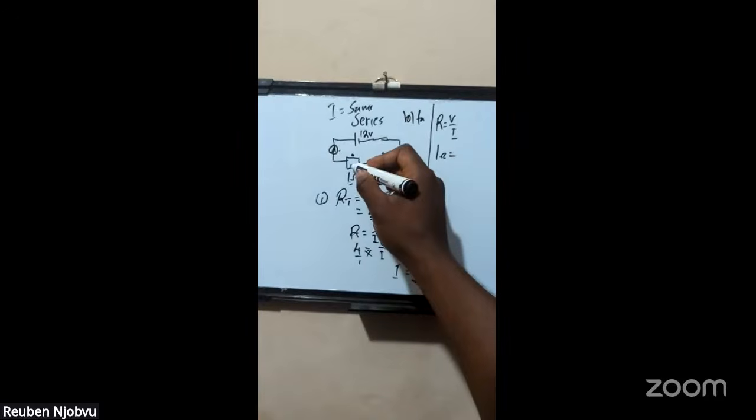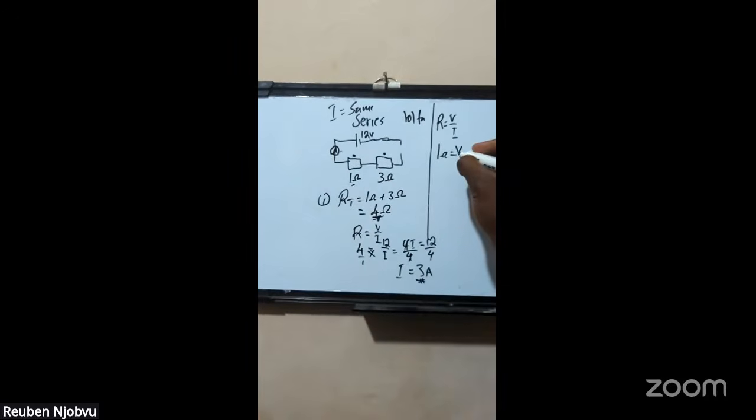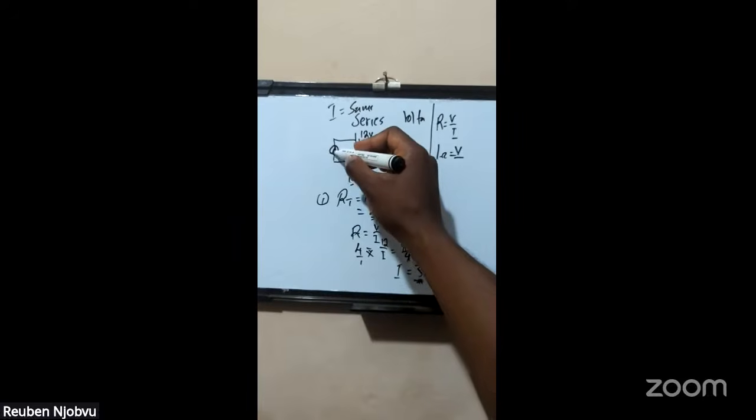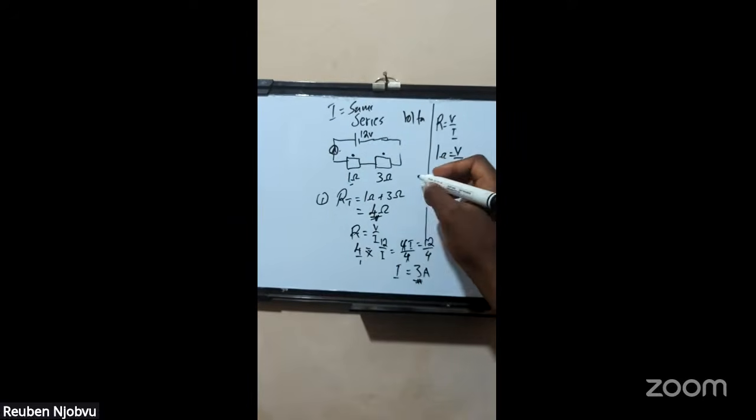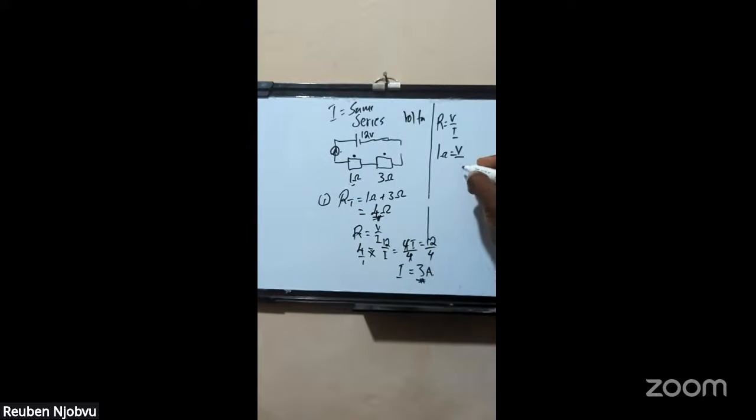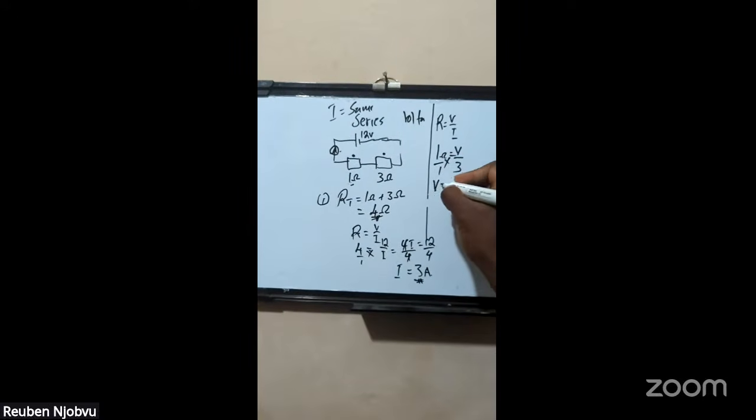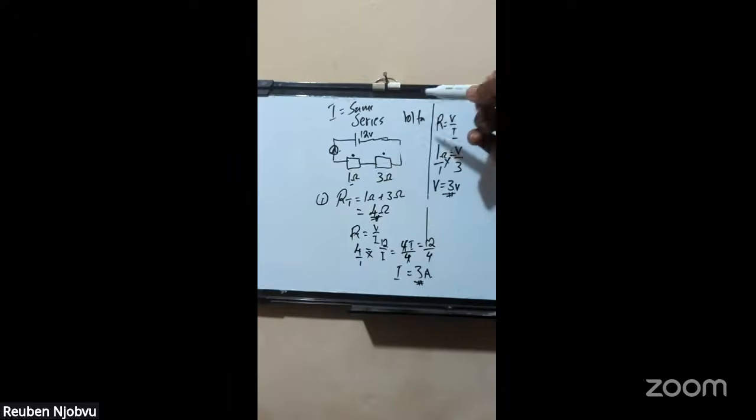What is the voltage passing through at 1? We don't know. What is the current? The current is the same throughout the cell. So you get the one you found here, 3, and put 3 here. You cross multiply: voltage is equal to 3 times 1, you get 3 volts. Meaning, how many volts are passing through the 1 ohm resistor? 3 volts.